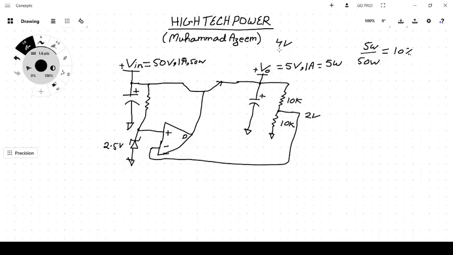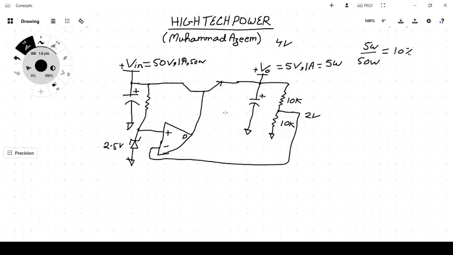And in case the output voltage is reduced, for example due to the heavy load, it is reduced to 4 volt, then the op amp would behave in such a way that the base emitter voltage would try to increase, which increases the base emitter current, and due to that increased current, the drop across the linear series pass element would try to decrease, and due to the decreased drop, more voltage would be available to the output side, and the output voltage would again go from 4 volt to 5 volt.